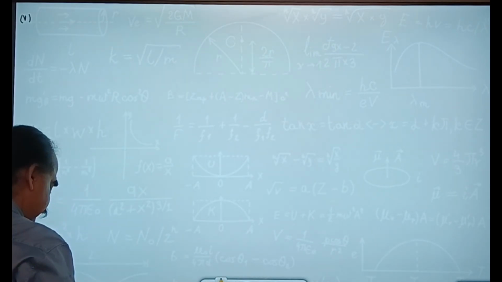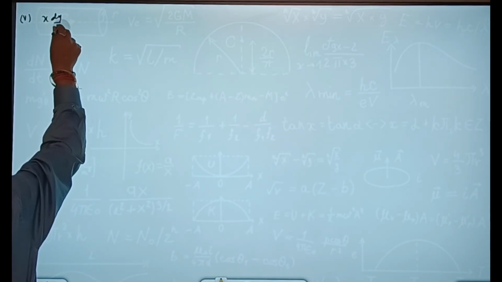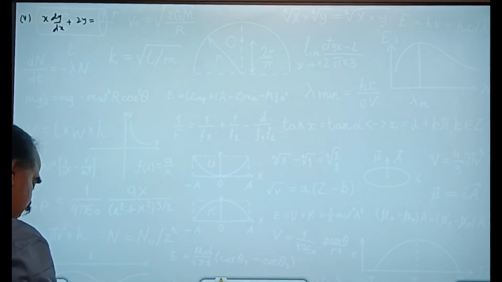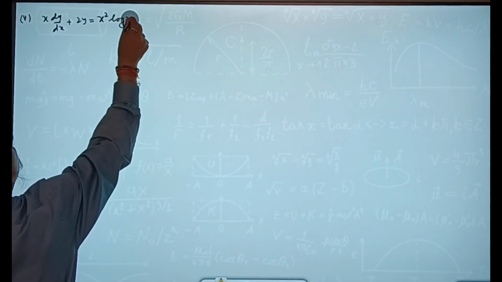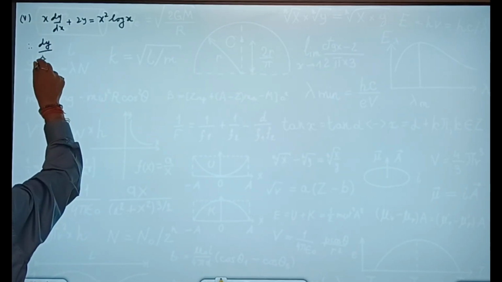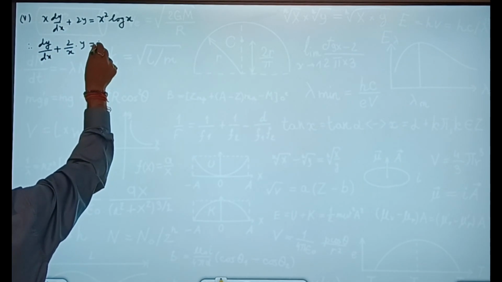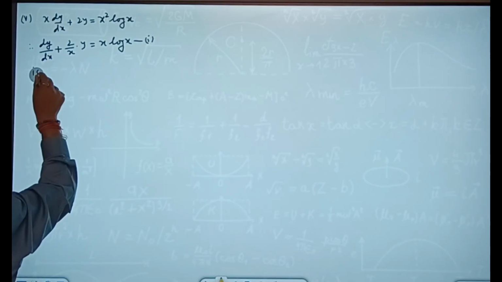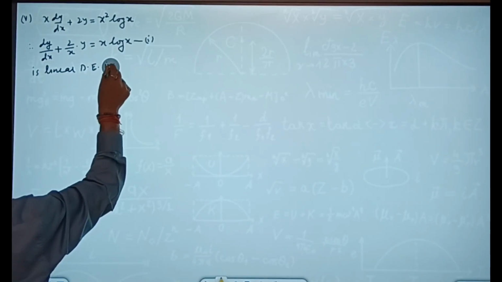Fifth: x dy/dx + 2y = x² log x. Now first divide by x. dy/dx + (2/x) y = x log x is a linear differential equation in x.